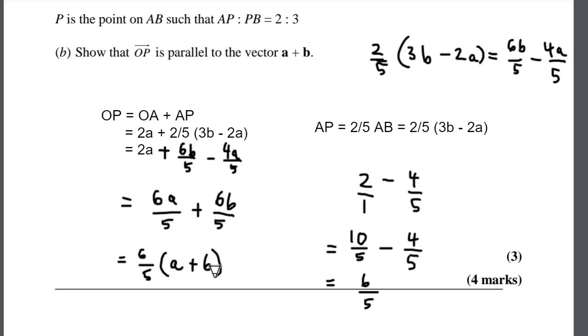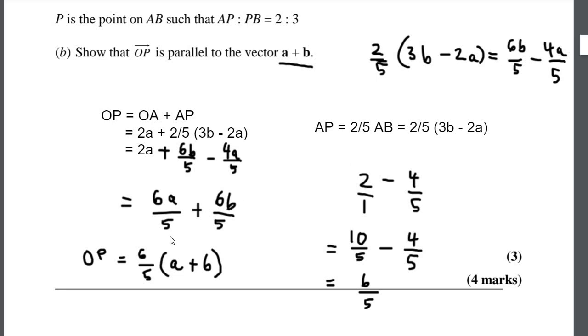So what we can see is the vector OP happens to be a scalar multiple of the vector a plus b. So that shows that OP is parallel to the vector a plus b.